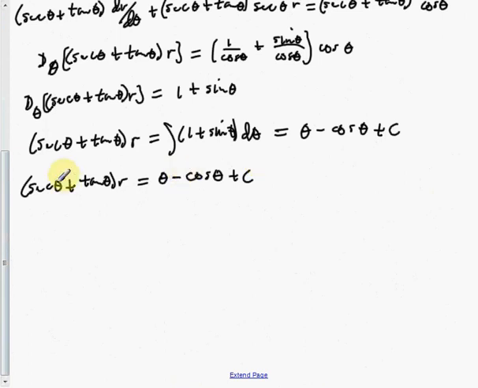You can leave it like that, or you can divide both sides by that secant theta plus tan theta. So I'll just say, or, r is equal to theta minus cosine theta plus c, and that's all over secant theta plus tan theta.